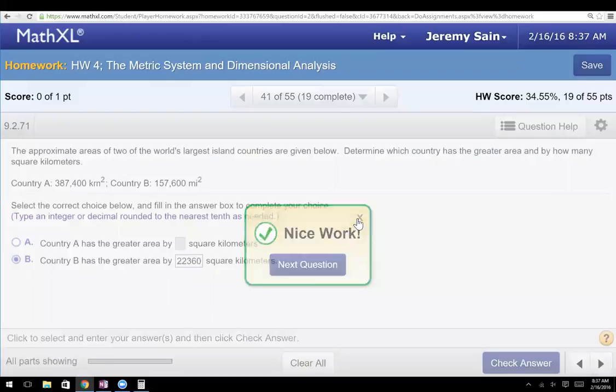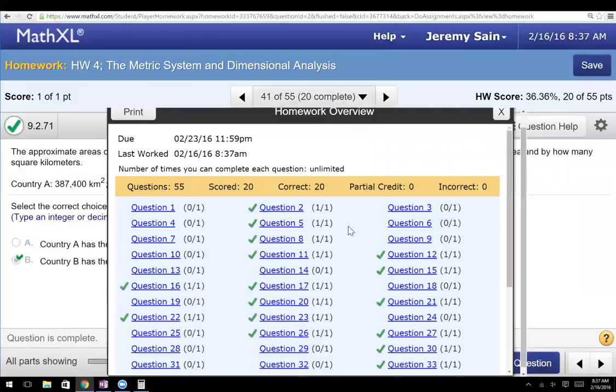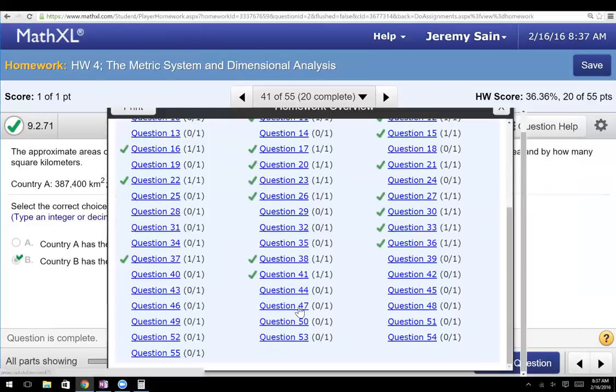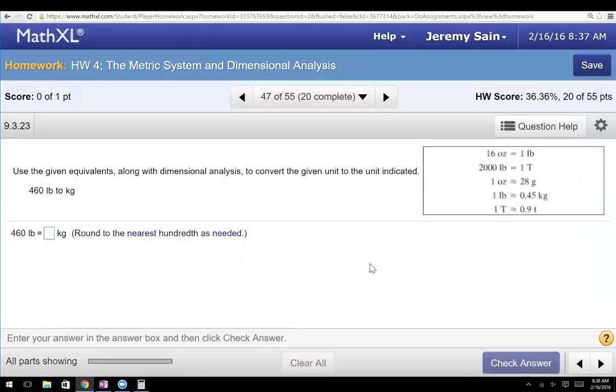Let's go on to the last one, which is weight, which again, they give you all these. So if I want to go from pounds to kilograms, what should I do?